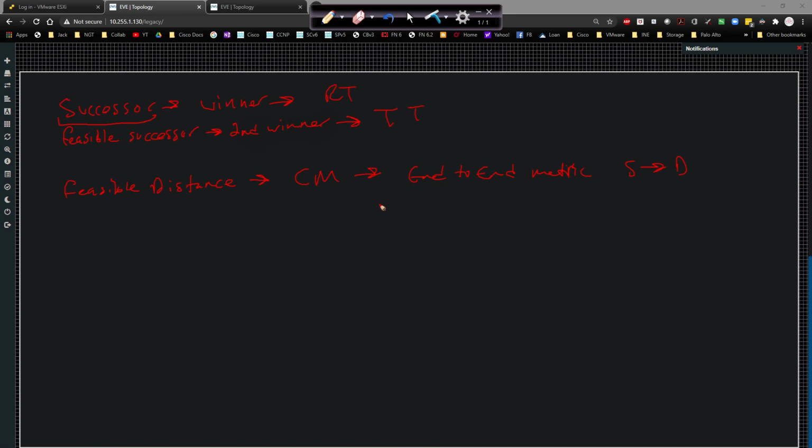Now, there are metric weightings that come into play to help figure all this out, because remember, your metrics, your bandwidth, your delay, your load, your reliability, etc., they're what they refer to as K values. The K values themselves are turned on and off. So off would equal 0 and on would equal 1.